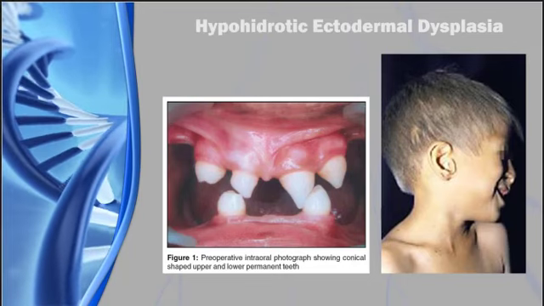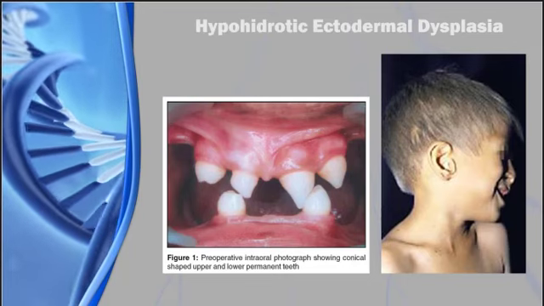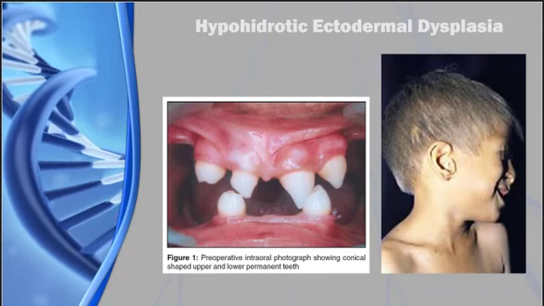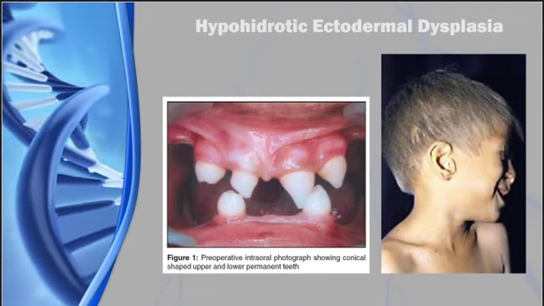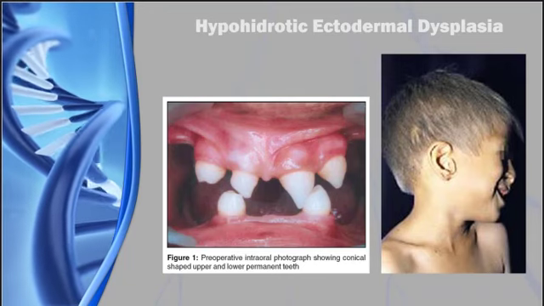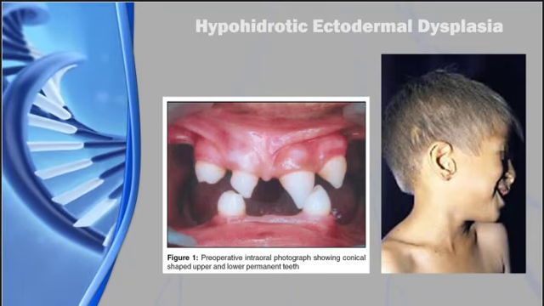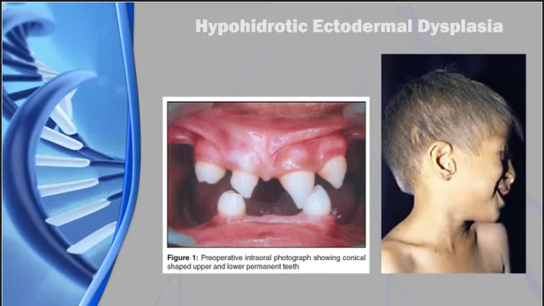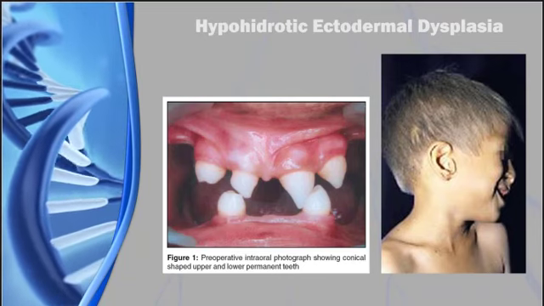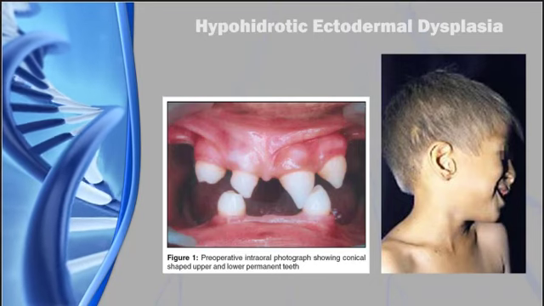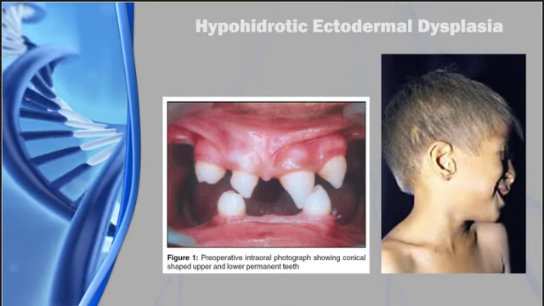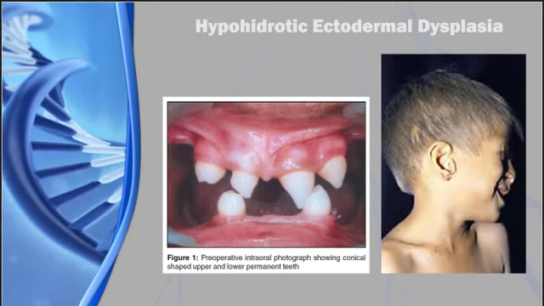Hypohidrotic ectodermal dysplasia is a condition in which there are hypoplastic or aplastic features of all of the ectodermally derived structures. So we're going to see it affect the hair, the nails, the skin, the teeth, the sebaceous glands, the sweat glands, the mucous membranes, all of those structures which are ectodermally derived.